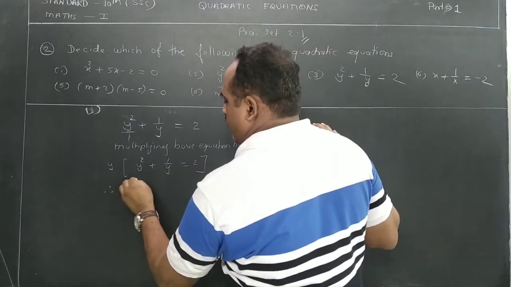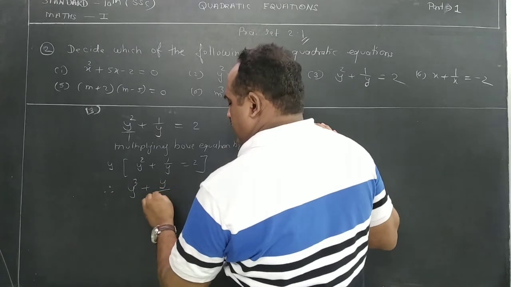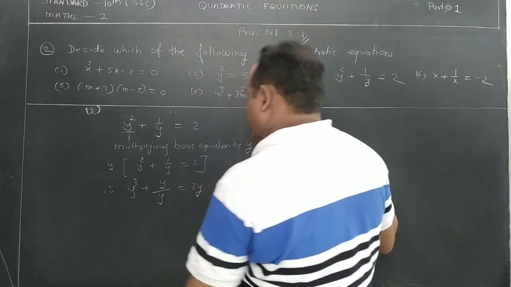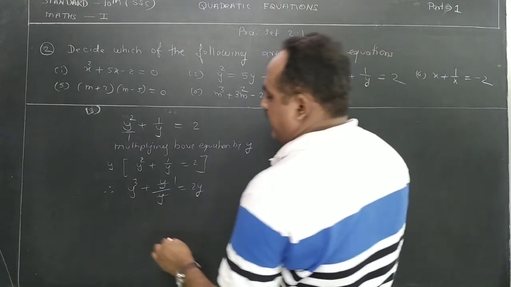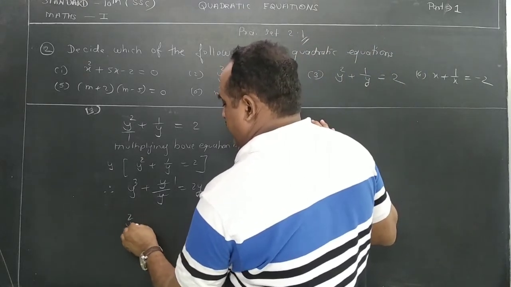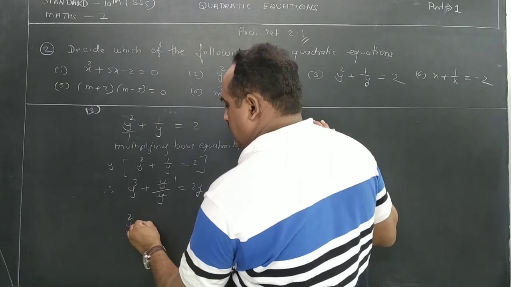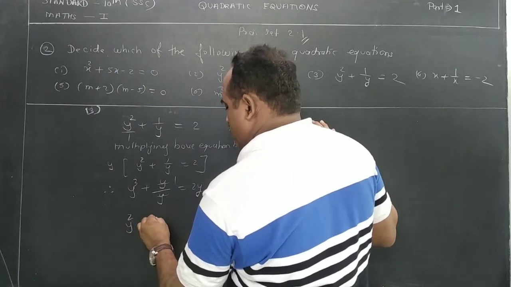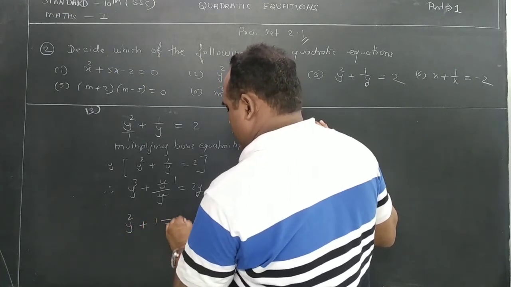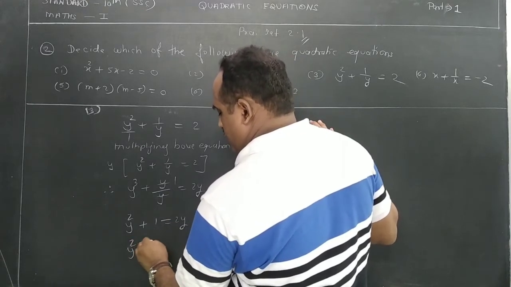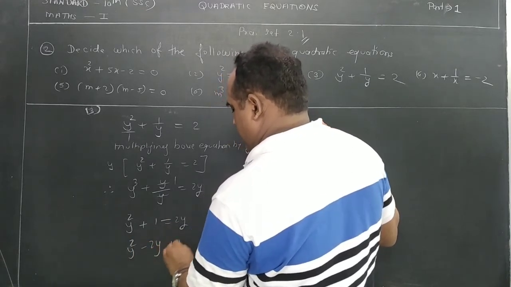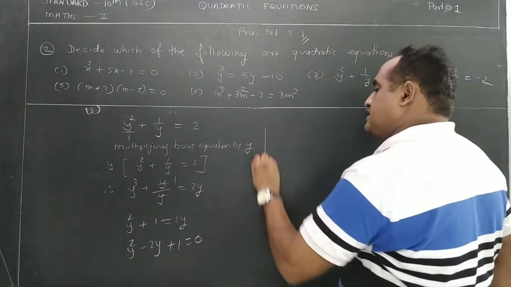Therefore, it becomes y cube plus y by y is equal to 2y. So this gets cancelled, and if I arrange it properly, I get y square plus 1 is equal to 2y, or y square minus 2y plus 1 is equal to 0.